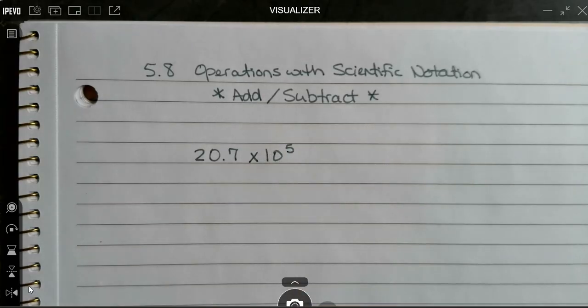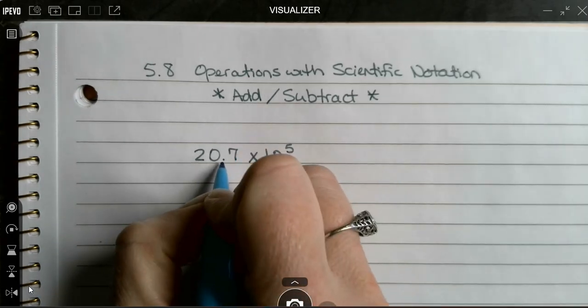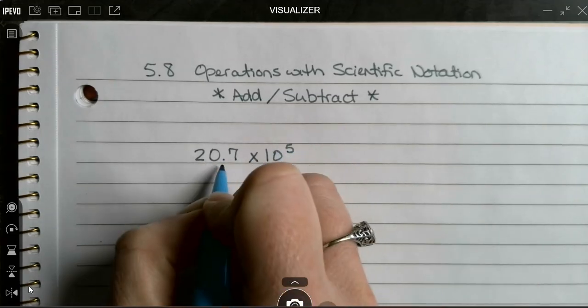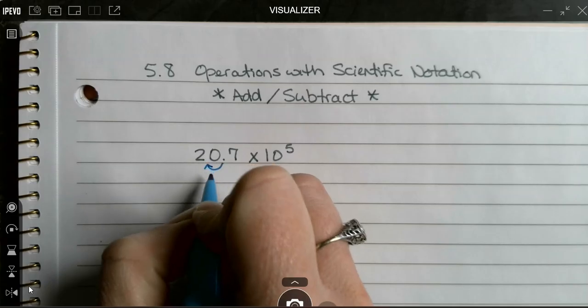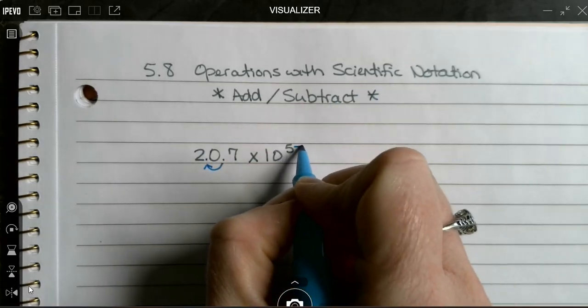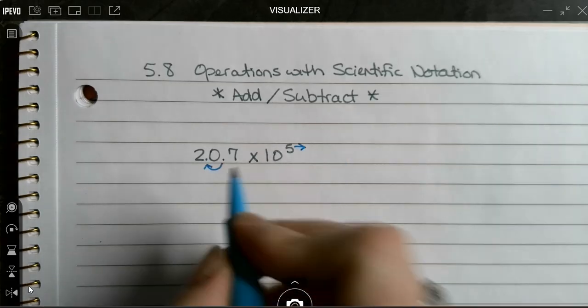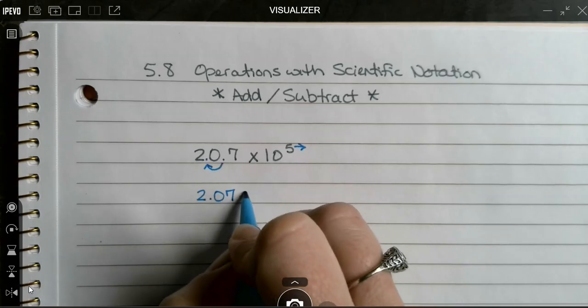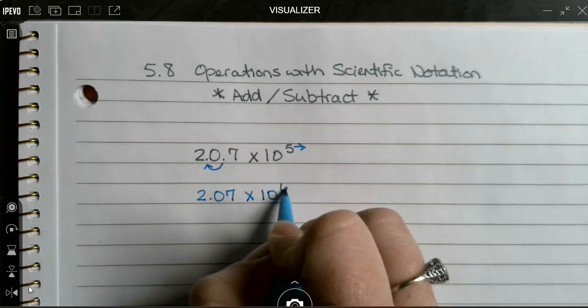And we said we would have to convert that number so that it's actually in scientific notation, and to convert it, we move our decimal and our exponent in opposite directions. So we would move our decimal to the left, and we would move our exponent to the right on the number line. So this would become 2.07 times 10 to the 6th.